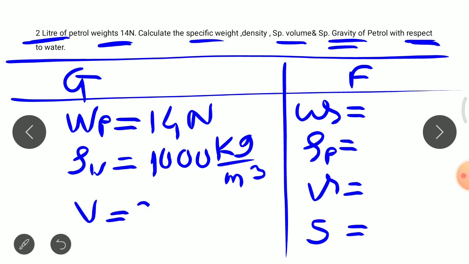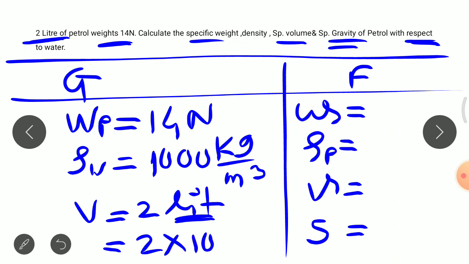V is equal to 2 liter, but we don't need the unit in liter, we need it in meter cube. Now just remember, 2 liter conversion in meter cube is 2 into 10 raised to power minus 3 meter cube. Simply 1 liter is equal to 10 raised to minus 3 meter cube.